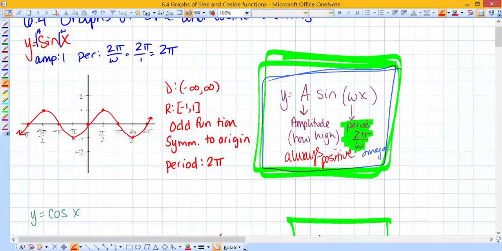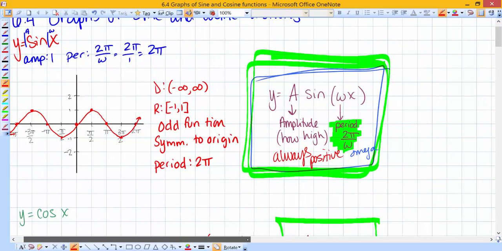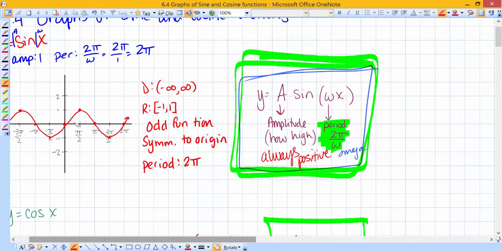As we pointed out in class today, there are some key points here. Let's talk about our x-intercepts. Now let's just look at one cycle. So here's one cycle from here to here.